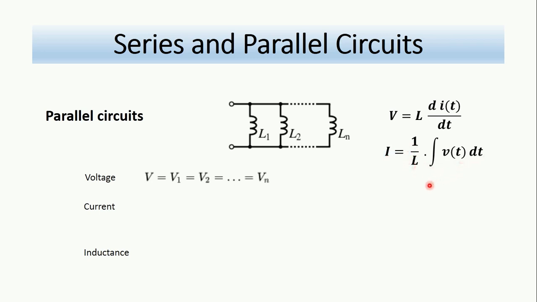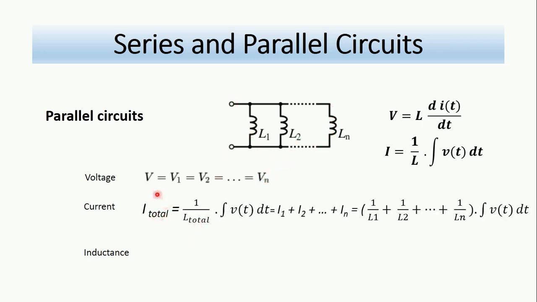Now, the sufficient condition is that the sum of the currents in all these inductors must be equal to the total current coming here. So IL1 plus IL2 plus IL3 plus ILN must be equal to I total. And so the I total is I1 plus I2 plus IN. I1 is given by this formula, where L here is L1, I2, same formula, where L is L2.